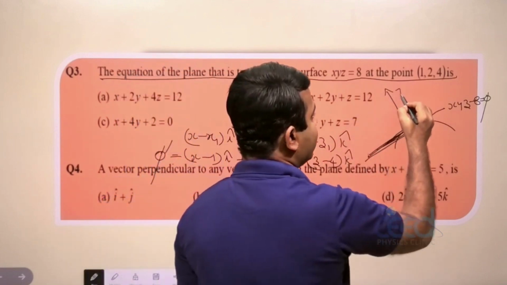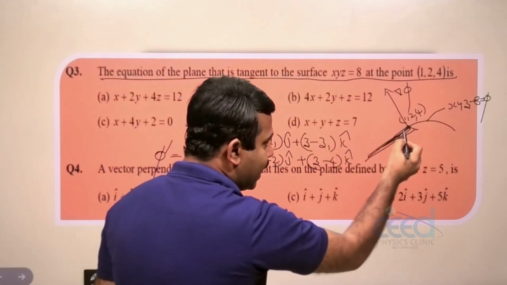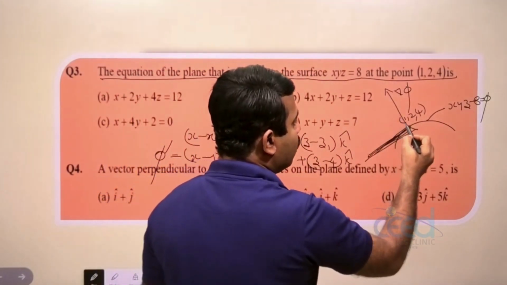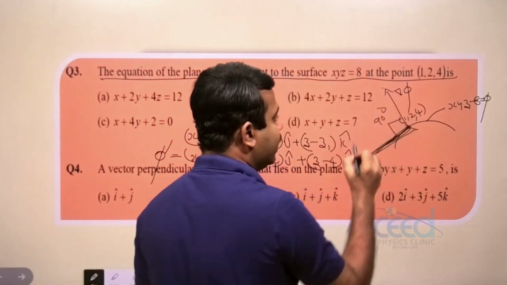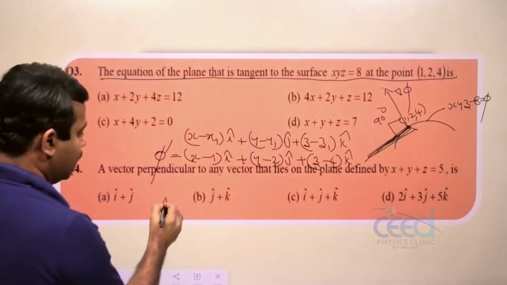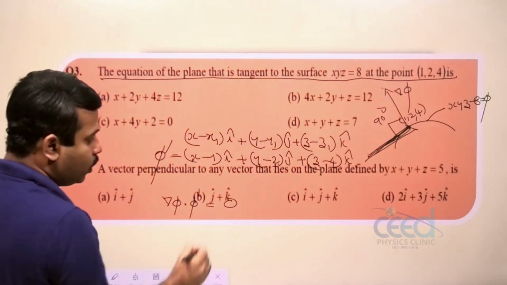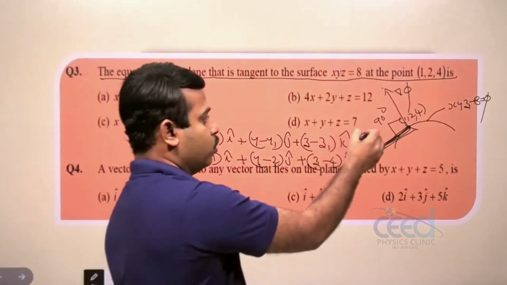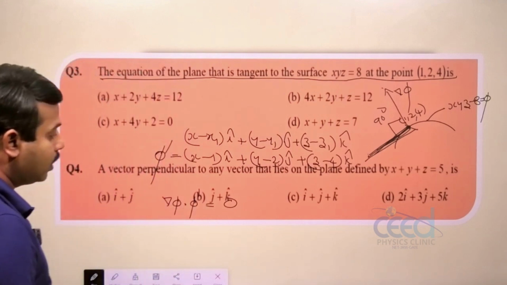So this is the gradient phi direction. If this is tangent, then this normal vector to the surface making an angle with the tangent should be 90 degrees. That means del phi dot this phi dash should be equal to 0. Cos 90 is 0, so the dot product should be 0.